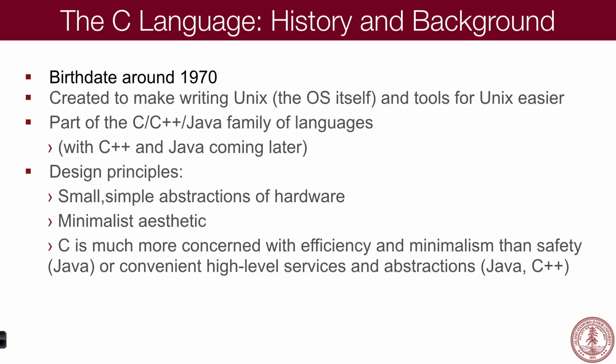So C is not a new language. Like 1970 is when C was created. It's been around a while, and it got a stranglehold on systems because it was used, and in fact created, to produce the Unix operating system, which had a goal of being able to be rewritten for many different types of computers.